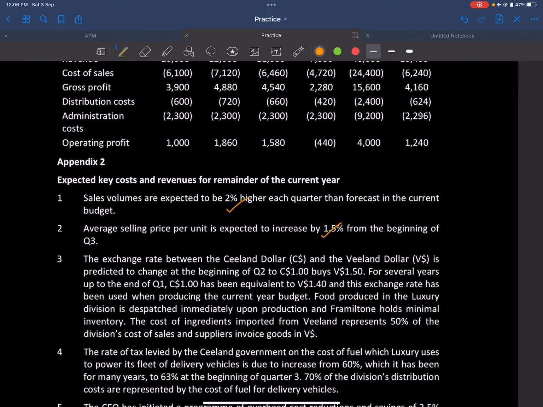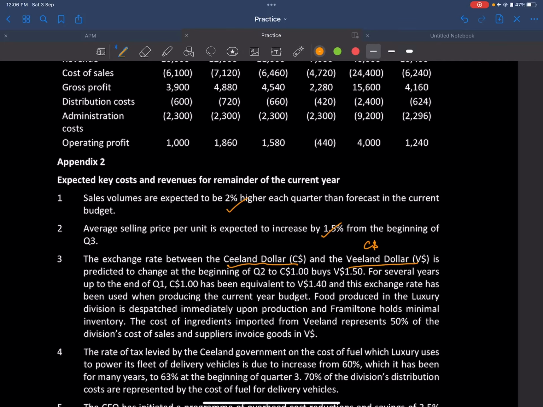So another thing is the exchange rate. You see, when I talked about importing and exporting, we are in Sealand, with the Sealand dollar, right? We are importing goods from V-land. So the predicted change at the beginning of Q2 is that C$1 buys 1.5.